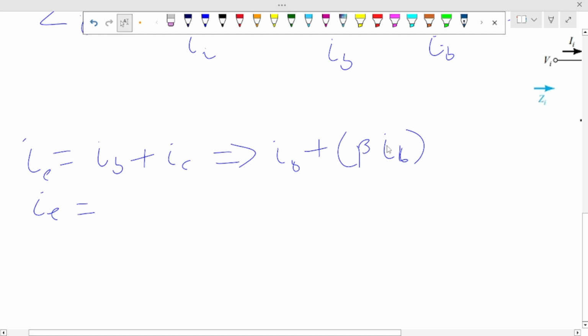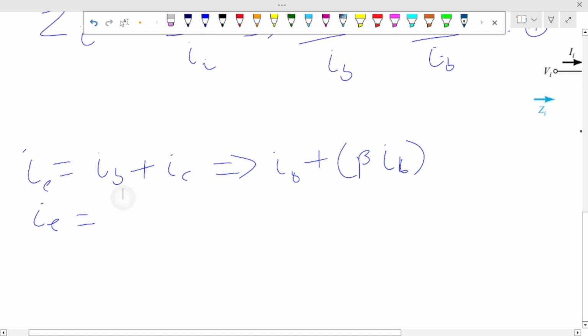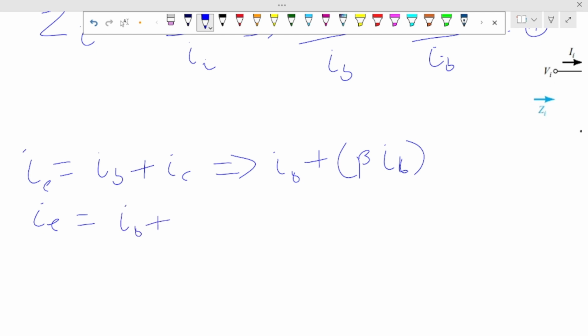Is this correct? Yeah, it's correct. So this will now result in IB plus beta IB, which can be written as 1 plus beta, factoring out IB. Good. We're progressing.